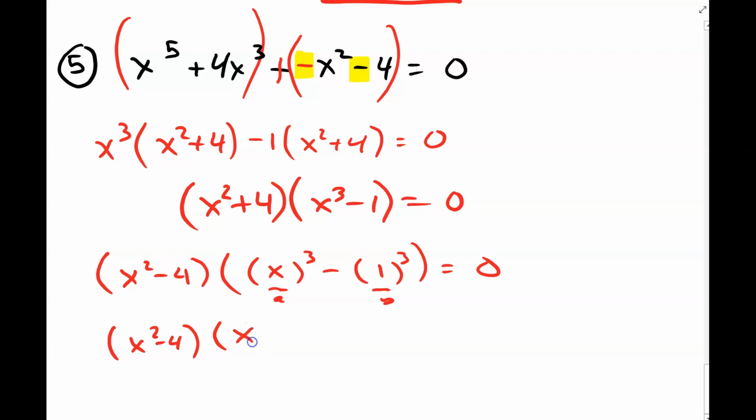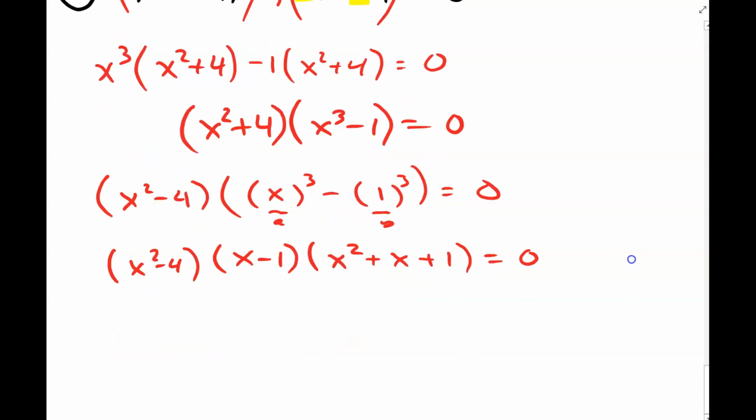X minus 1, x squared plus x plus 1. That's correct. Is everybody okay with how I factored the x cubed minus 1? I would give you those patterns on the test, so you don't have to memorize those, like the difference of 2 cubes.